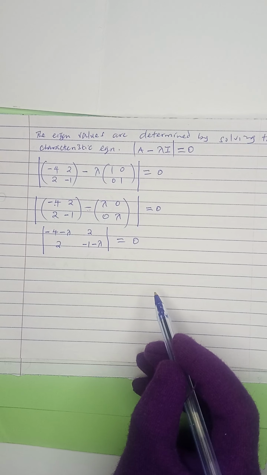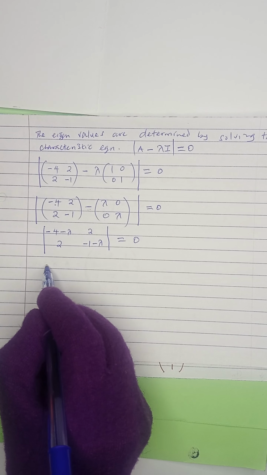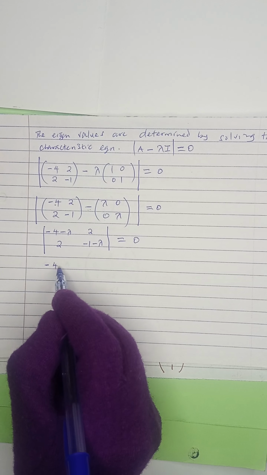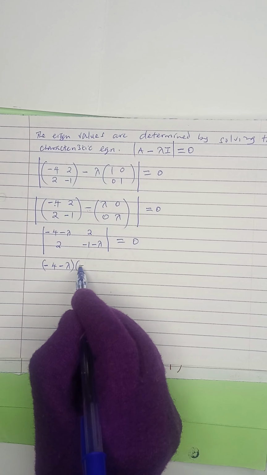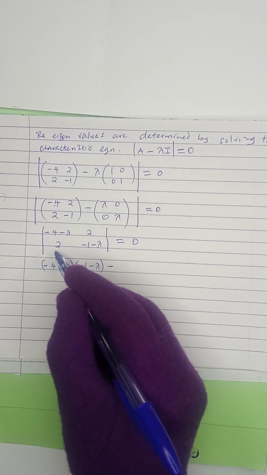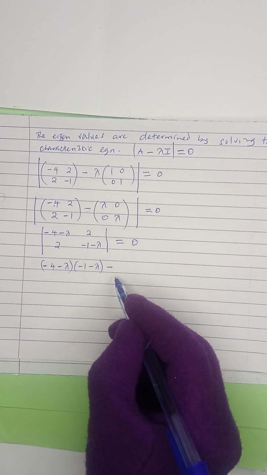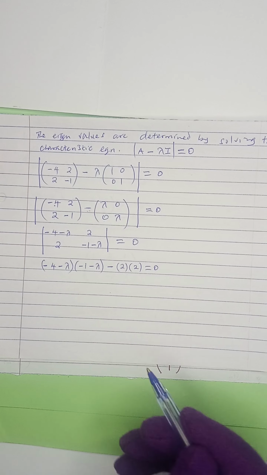In getting the determinant, we always take the product of values in the leading diagonal, that is -4 minus lambda multiplied by -1 minus lambda, then subtract the product of values in the other diagonal, that is 2 times 2, and it should be equal to 0.